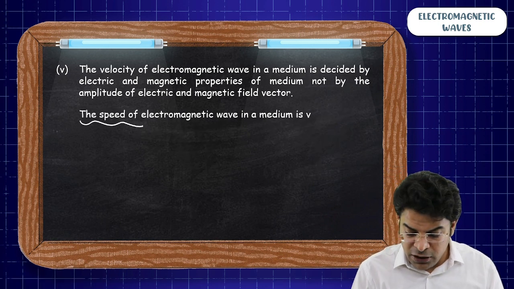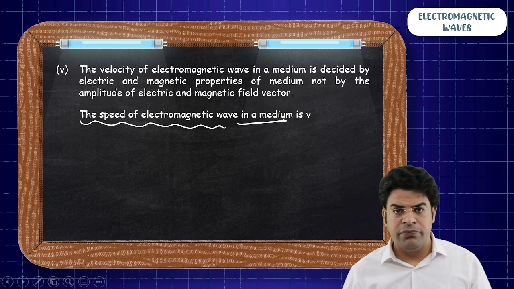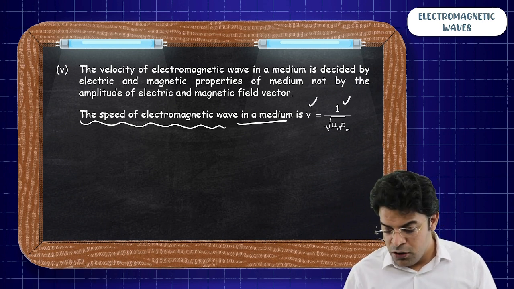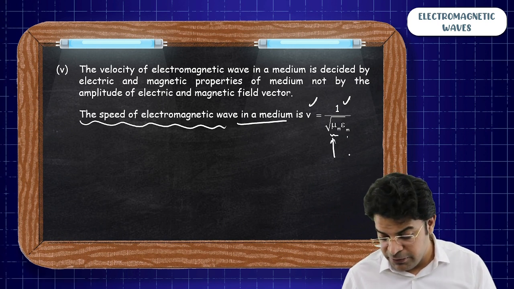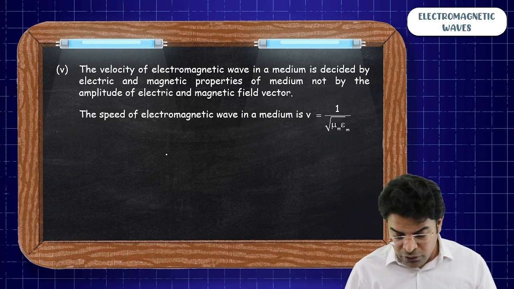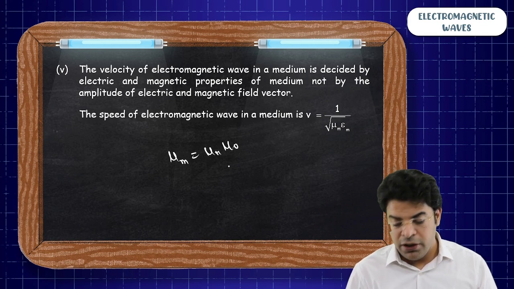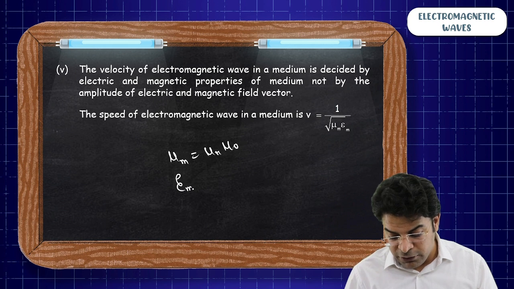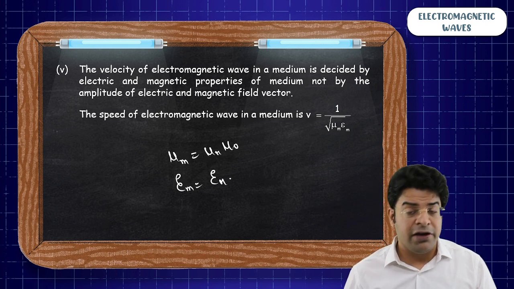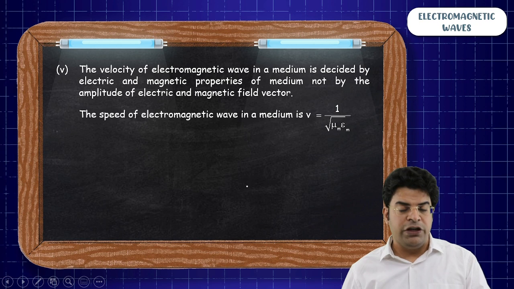So the speed of an electromagnetic wave in a medium is V equals 1 upon under root of permeability of the medium times permittivity of the medium. Now you can even write in place of permeability of the medium mu r into mu naught, and in place of permittivity of the medium you can write relative permittivity multiplied by permittivity of free space.